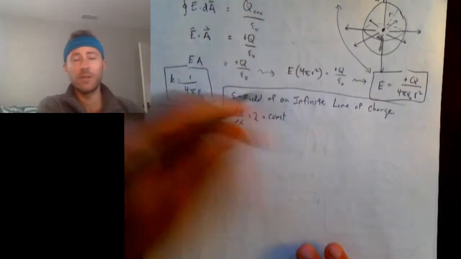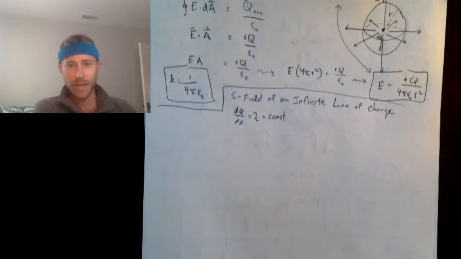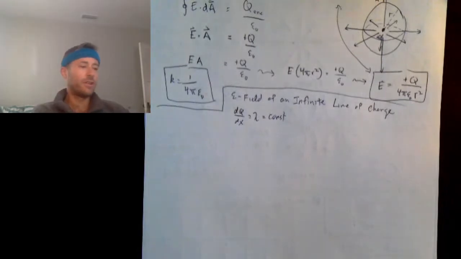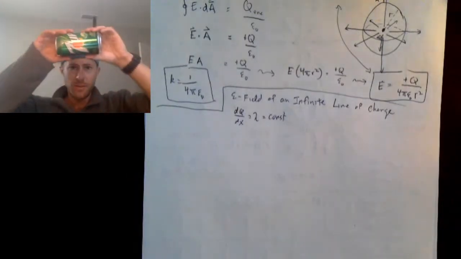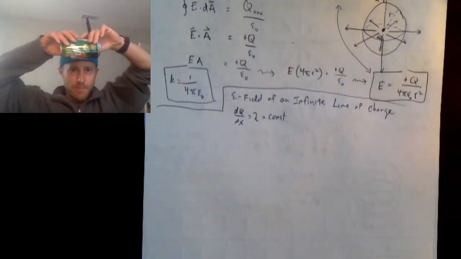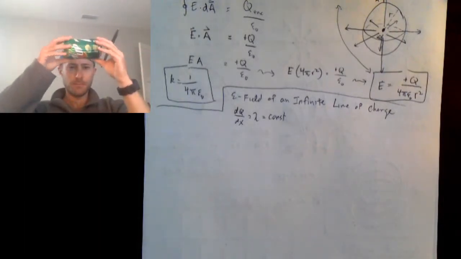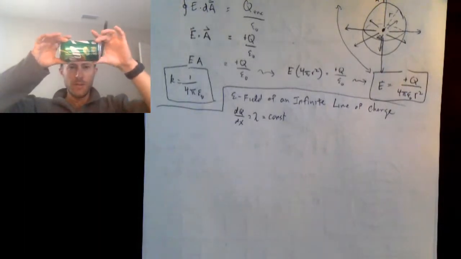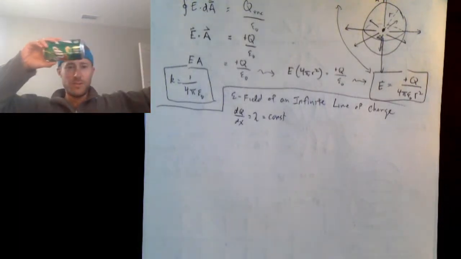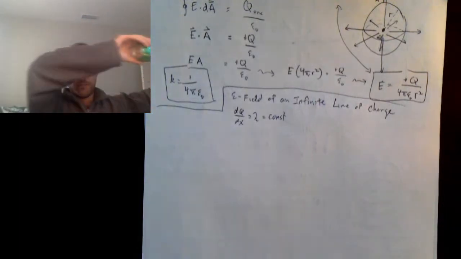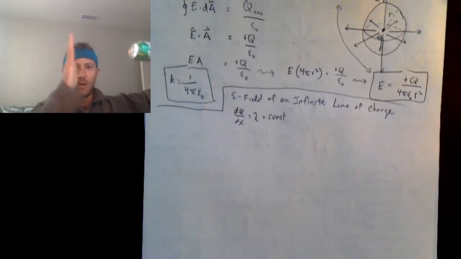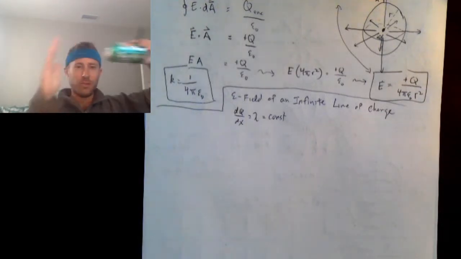If you have an infinite line of charge with cylindrical symmetry, lambda has to be a constant, because if you shift it, you better have the same charge density once you shift it.